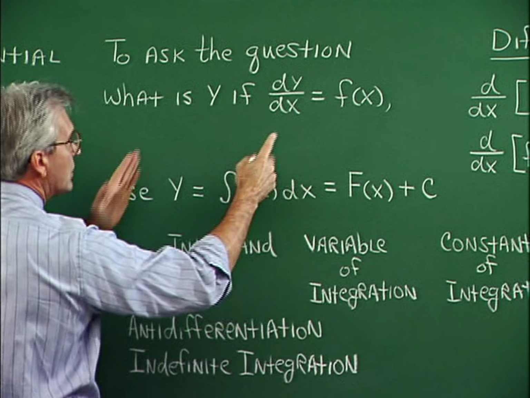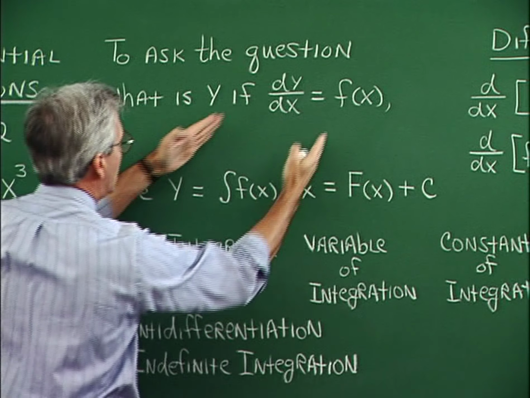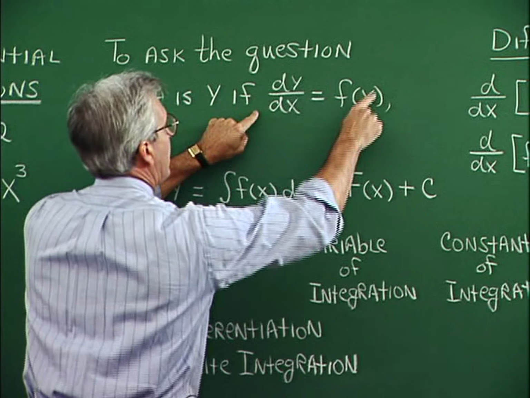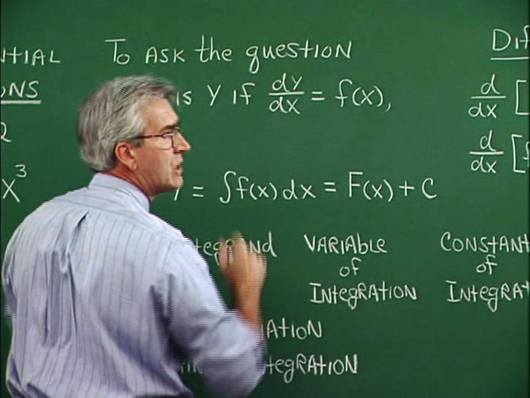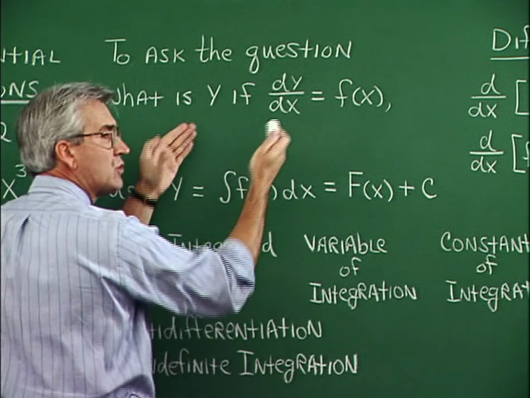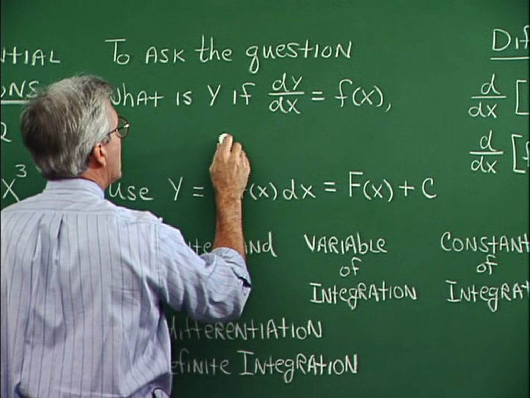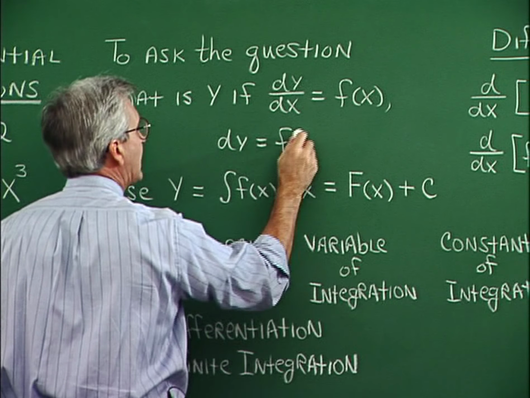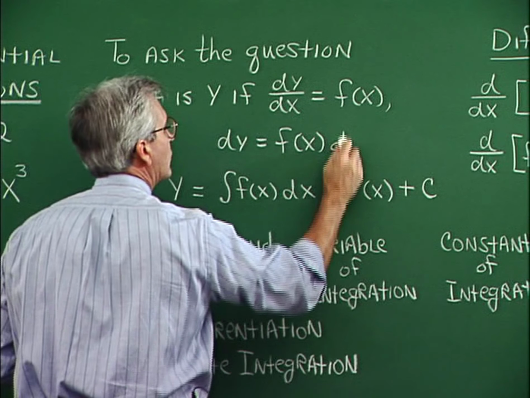Now, to make this flow a little more evenly, we might go to the differential form of this equation. We might write the differential here, and that differential will flow nicely into this. Remember, the differential would be dy equals f of x dx.